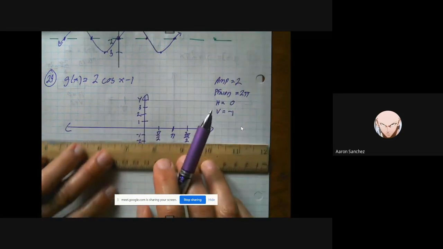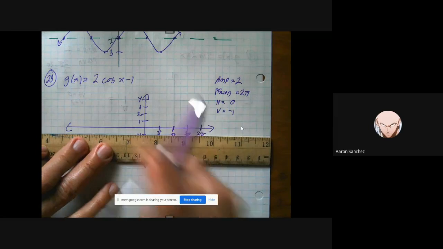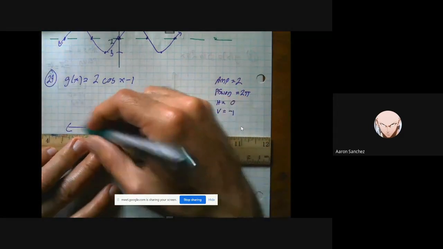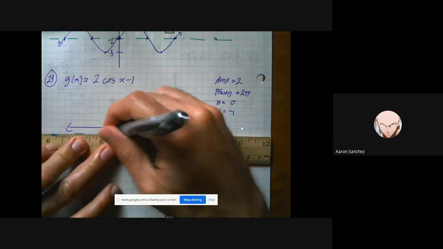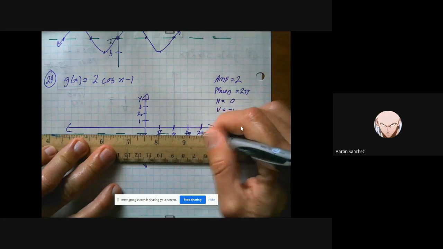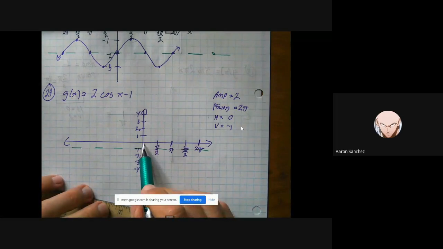That means I'm going to take my ruler and put my midline here at -1. And amplitude of 2. So that means I'm going to go up 1, 2, and down 2 from here, right?